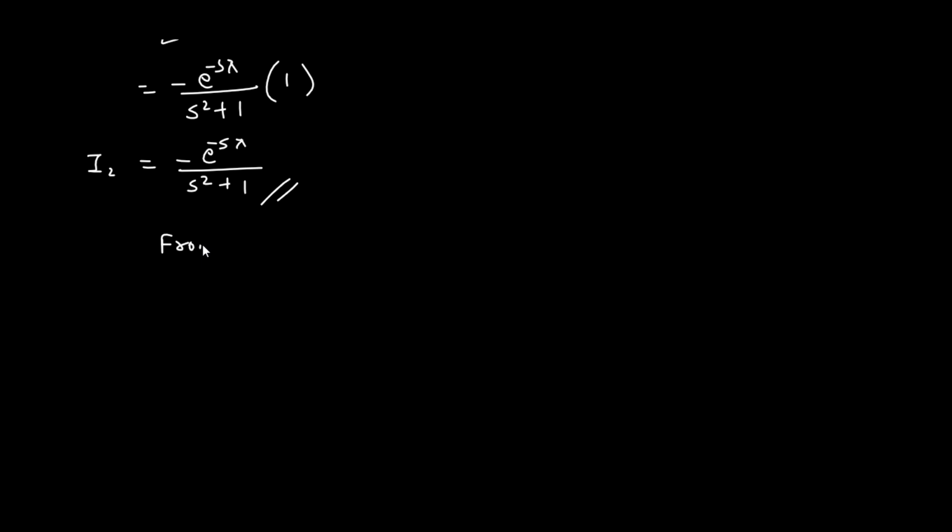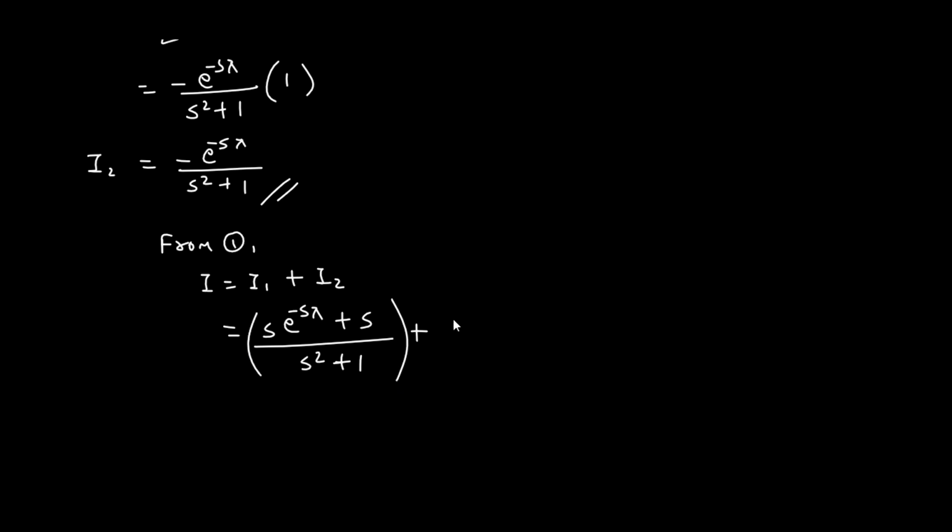So we have found I1, we have found I2, and we will take the final answer. I is equal to I1 plus I2, where I1 is s e raised to minus s pi plus s upon s square plus 1, plus I2, that is minus e raised to minus s pi upon s square plus 1.